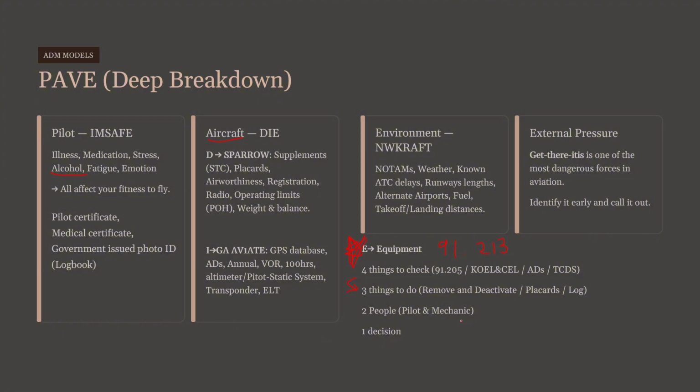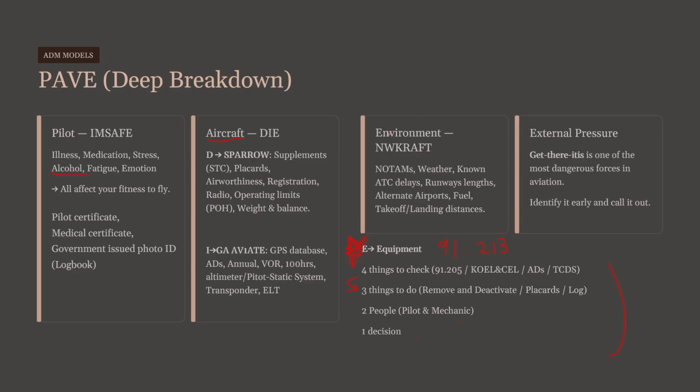Then after that, I make the final decision as the PIC whether the aircraft is safe for the intended flight. So, overall, this process ensures that I'm not just guessing, but making a legal and safety-based decision. Okay, cool.